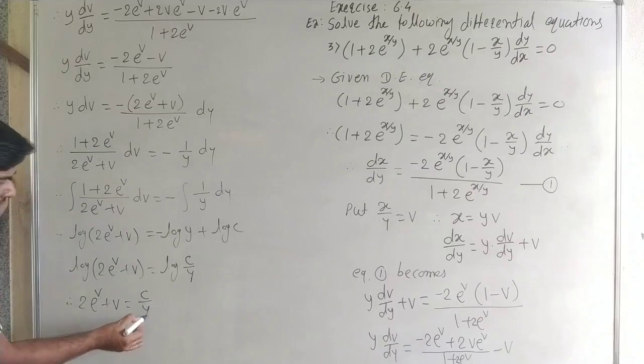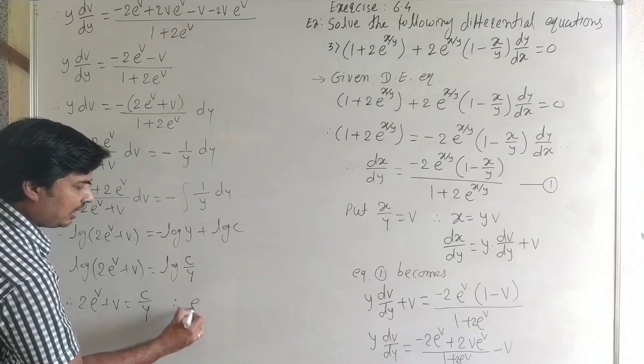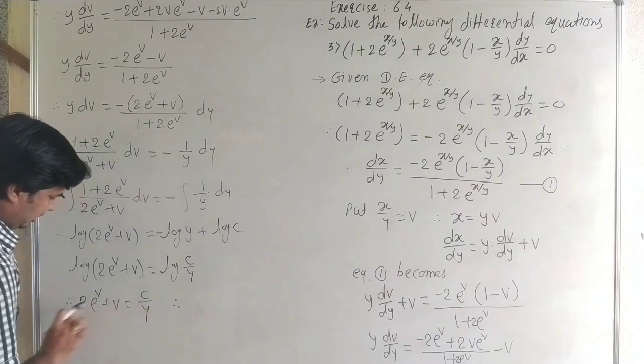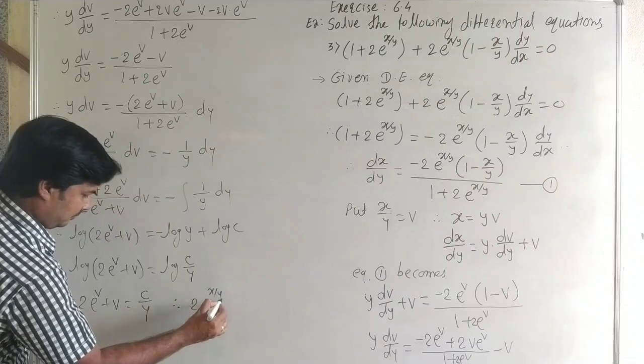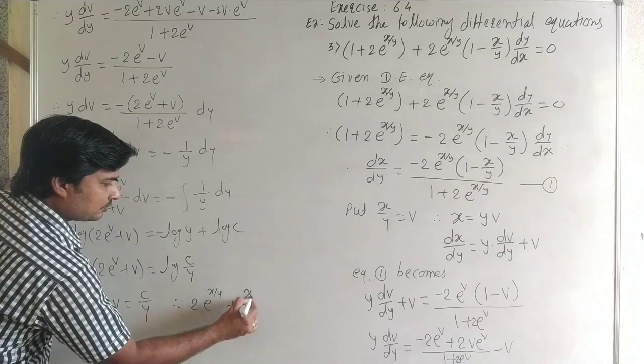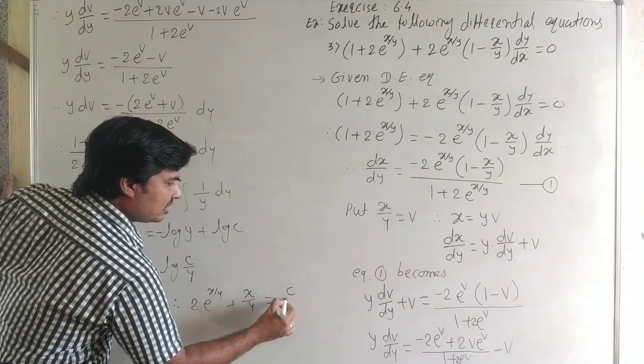Now put the value of phi, and therefore we can write, put the value of phi, e raised to, sorry, here it is a 2 e raised to x by y plus x by y, phi is equal to c by y.